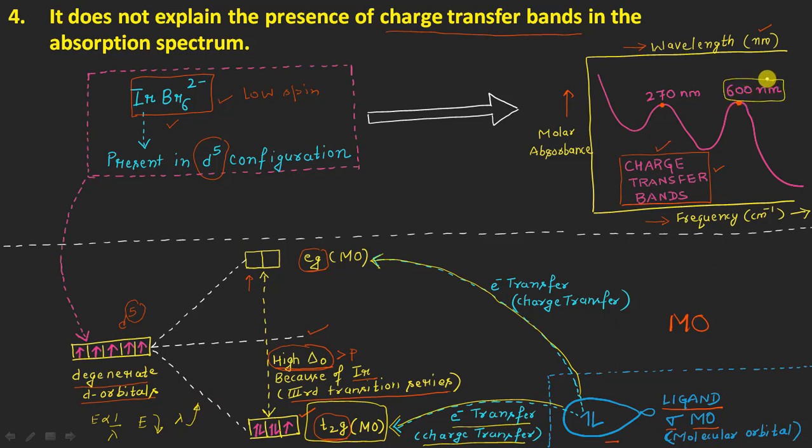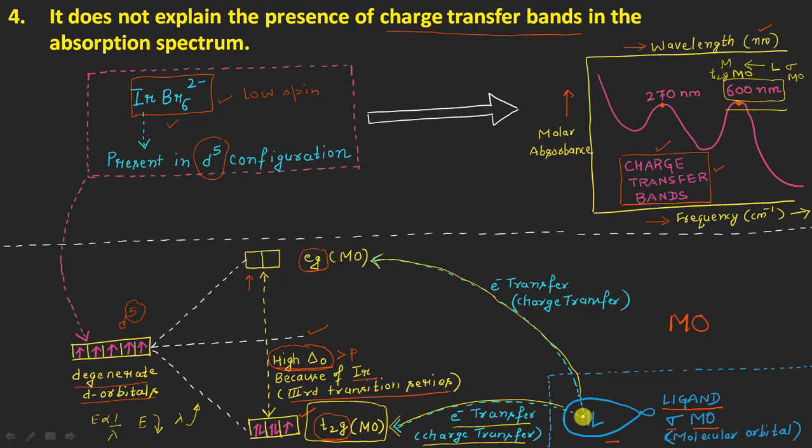Right? So we can write here that this absorption band is arising because of the charge transfer from the ligand sigma molecular orbitals to the metal T2G molecular orbitals, right? And because this transfer takes place at a lower energy level, it will show an absorption band at a higher wavelength, which is this 600 nanometers, right?